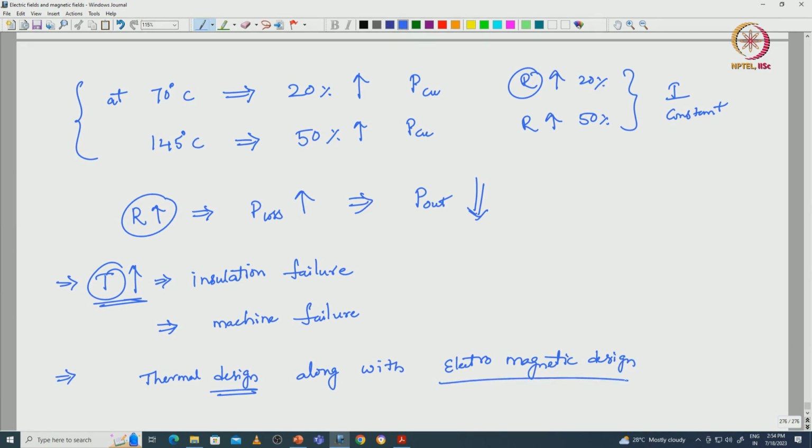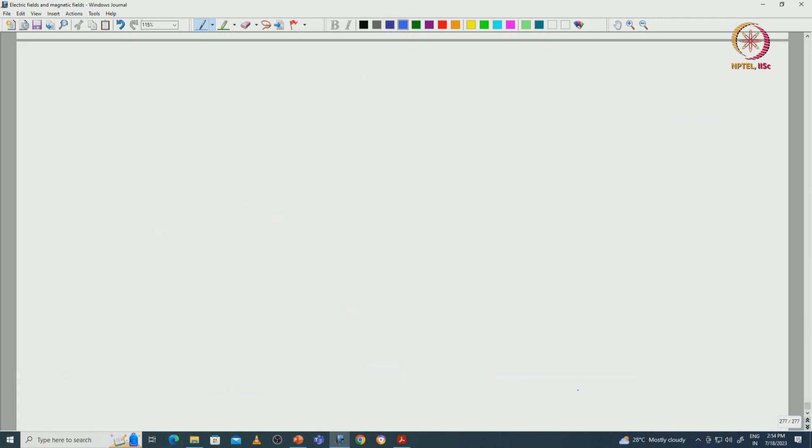Electromagnetic design as well as thermal design we should consider for designing any type of electrical machine. The distribution of heat sources has to be found based upon the machine geometry and losses.